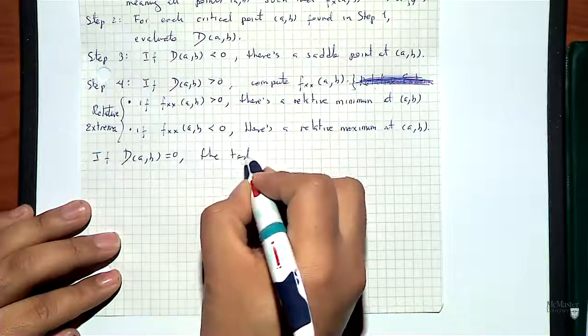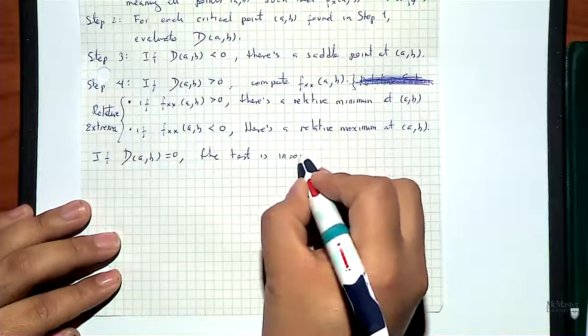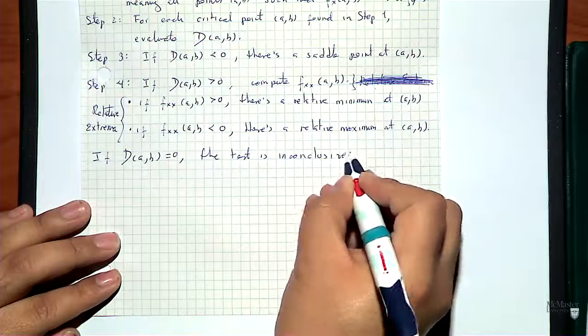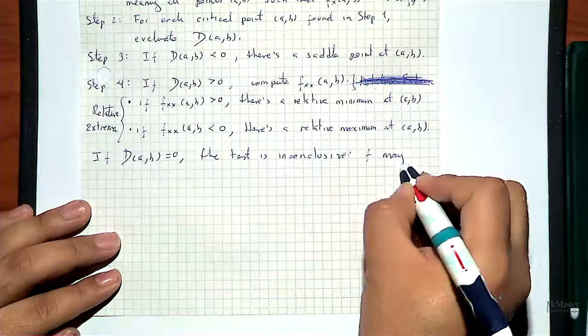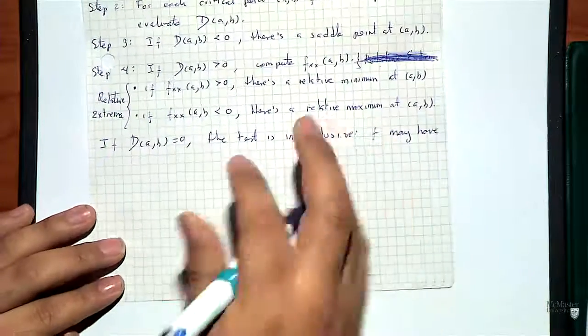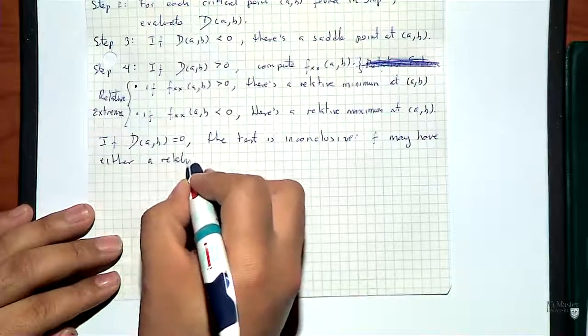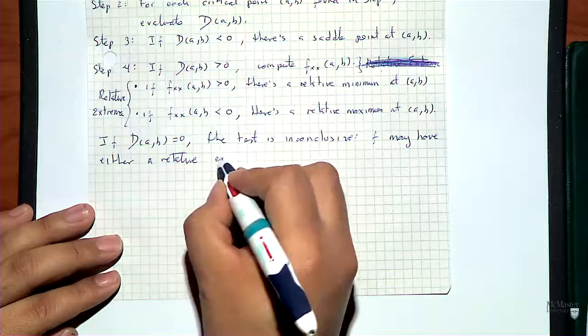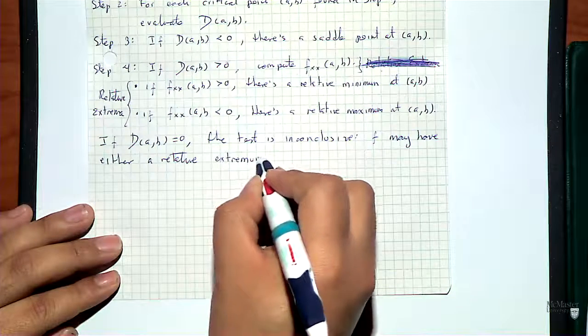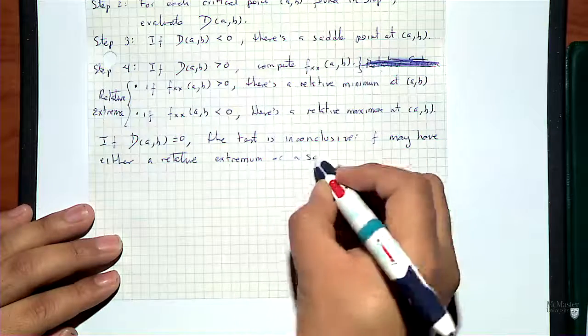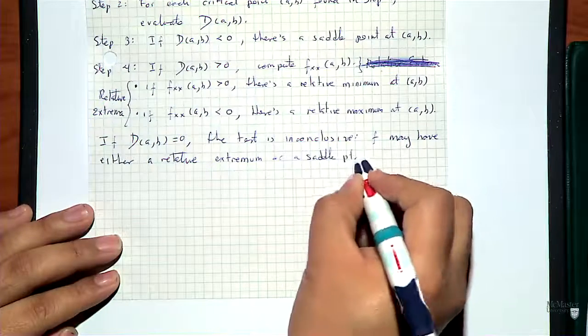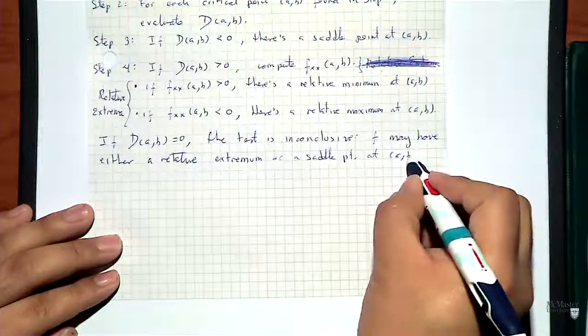In that case, the test is inconclusive in the sense that f may have either a relative extremum or a saddle point at (a, b).